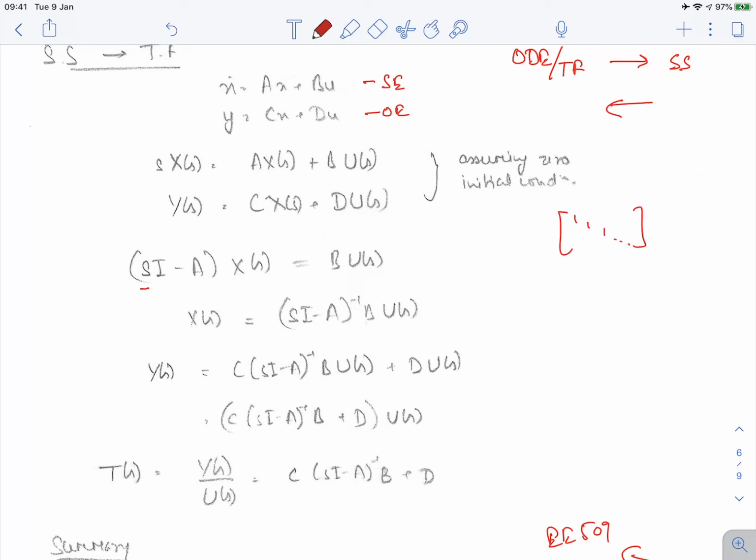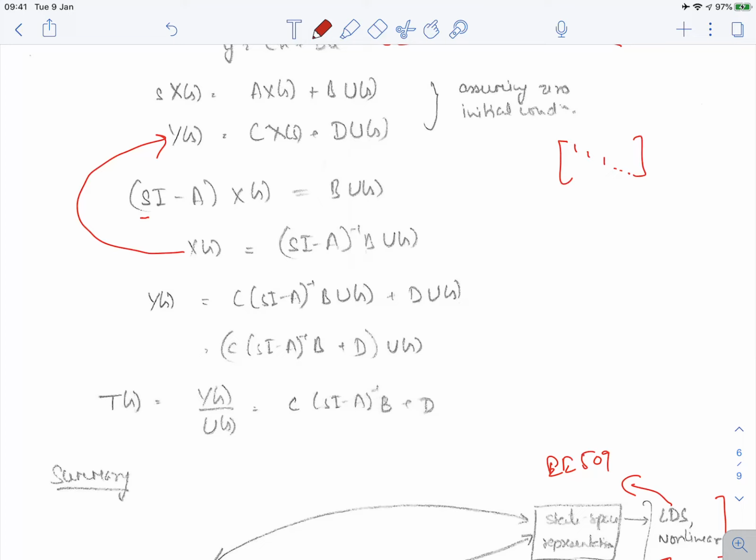Now substituting this x into this y(s), I will obtain, so you see C x is given by C (sI minus A) inverse B u, plus D u would remain as it is, and I can again take the U(s) signal as the common factor, and the remaining term is C (sI minus A) inverse B plus D times U. So the overall transfer function is basically, as we have seen, the ratio of the output and input signal.